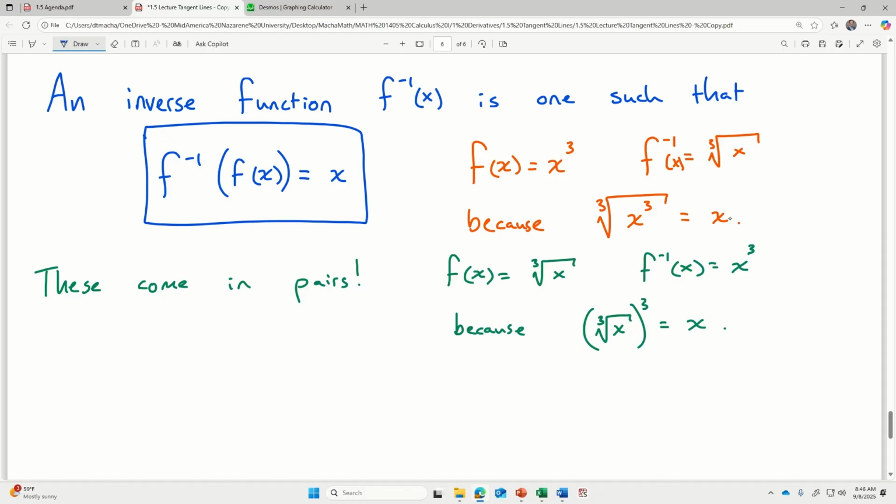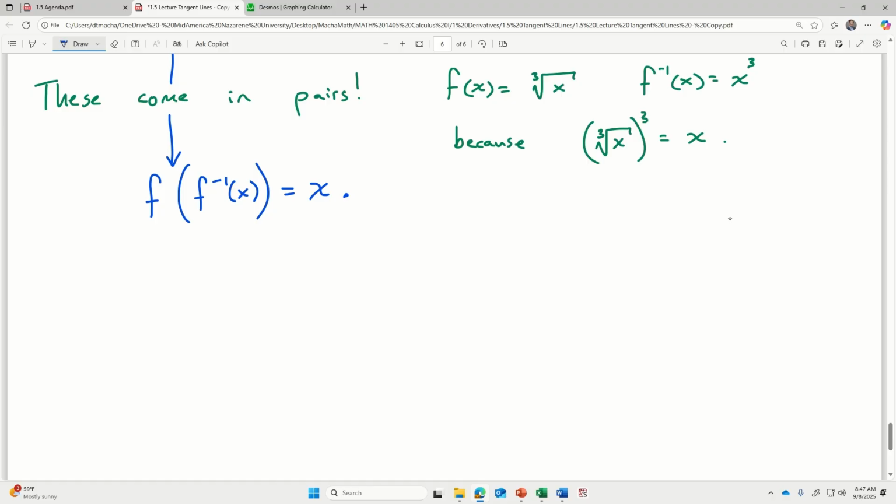So an equivalent definition is that a function is an inverse function if I compose it this way and I always get x. It doesn't matter the order of the composition for inverse functions. Ordinarily, function composition does matter, the order does matter. But in the case of inverse functions, you always just get back x.